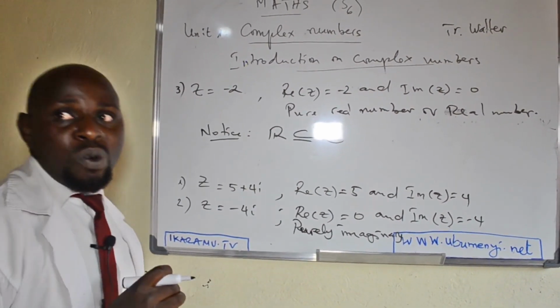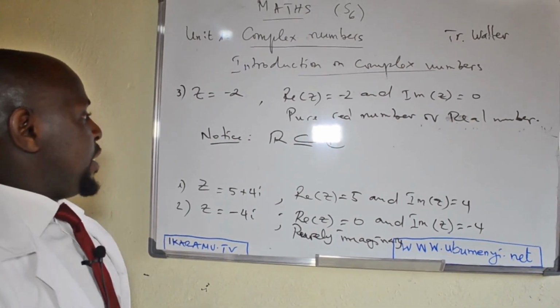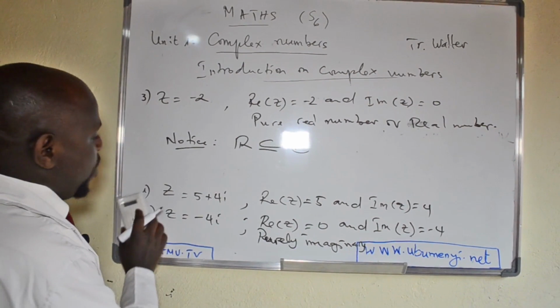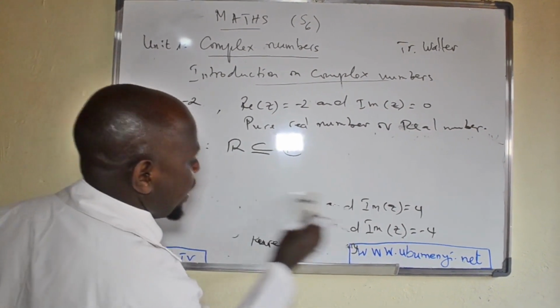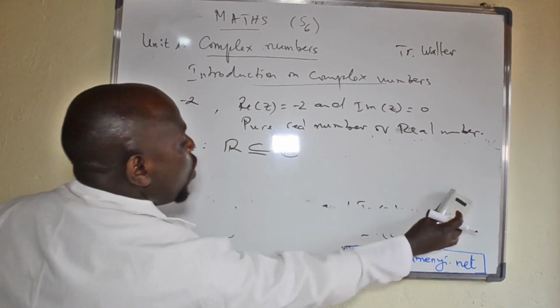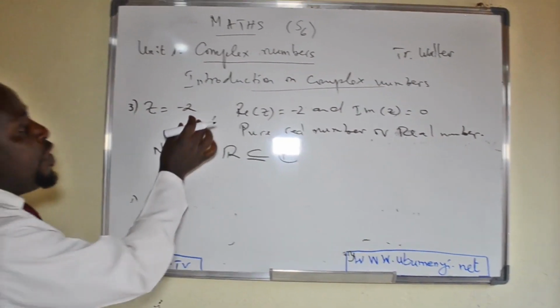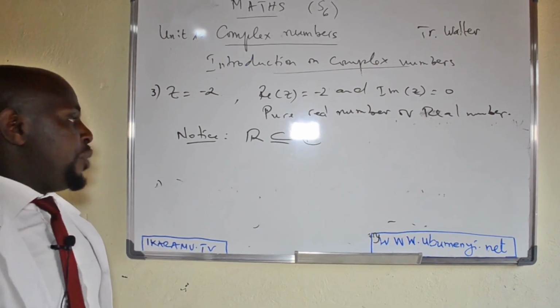So here we have what we call a pure real number. Now I think everyone is able to give an example of a complex number which includes both the real part and the imaginary part at the same time.